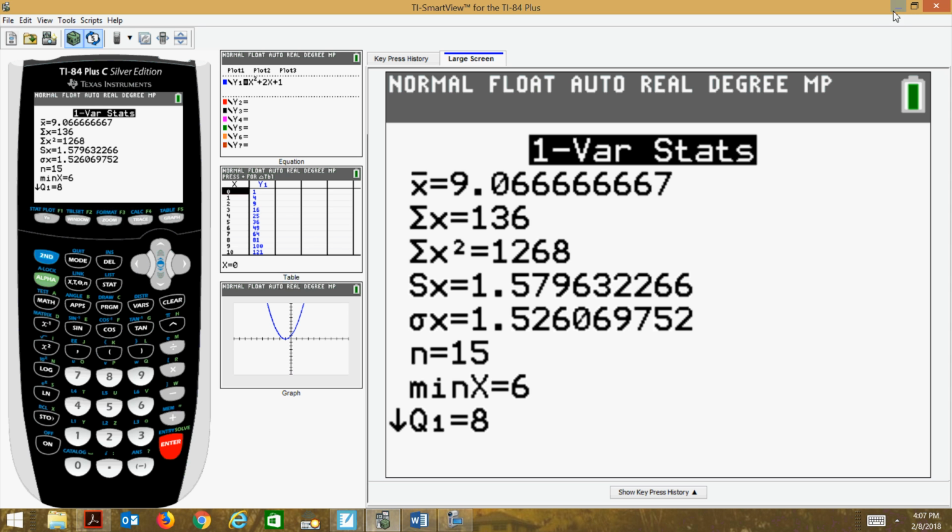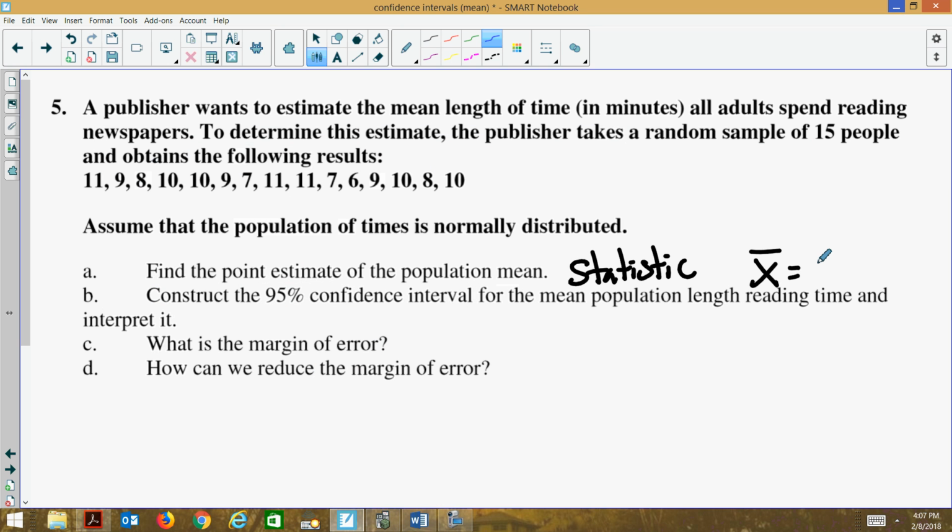We will also use this to find the sample standard deviation, but we will do that in just a second. So the sample mean is 9.07 minutes. The point estimate is saying that this sample predicts that the number of minutes an adult spends reading the newspaper is 9.07 minutes. However, there could be some margin of error, so we would be better off using a confidence interval for our prediction.